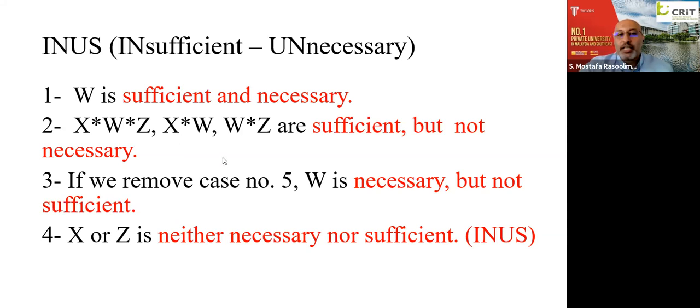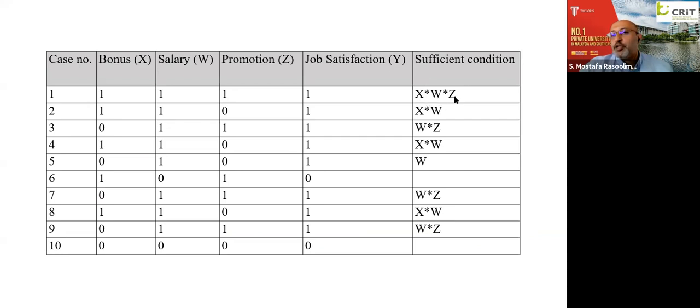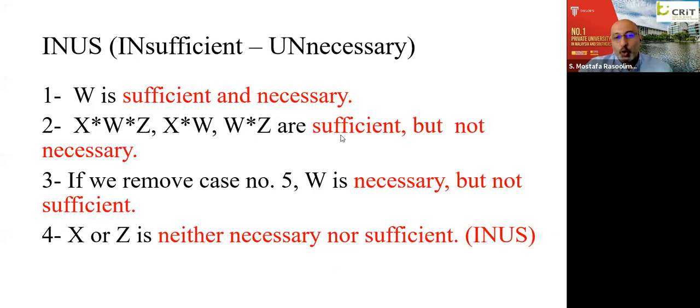But some conditions like X, W, Z together, or only X and W, W and Z, these conditions are only sufficient, not necessary. They can stand alone and create sufficient evidence. They are sufficient conditions to generate a high level of outcome, high level of satisfaction, but they are not necessary because they are not repeated in all the different conditions.